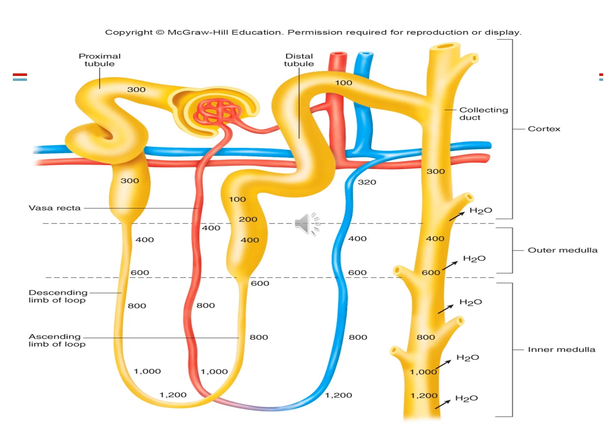Meanwhile, the filtrate navigating down the descending limb becomes more and more hypertonic until it reaches the deepest part of the medulla, where the osmolarity reaches its maximum, an average of 1200 milliosmol, and is where the ascending limb begins.